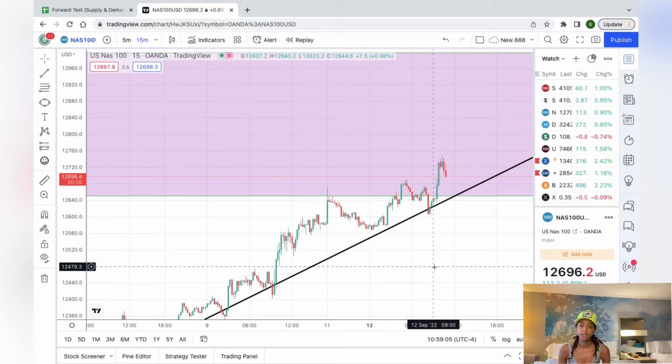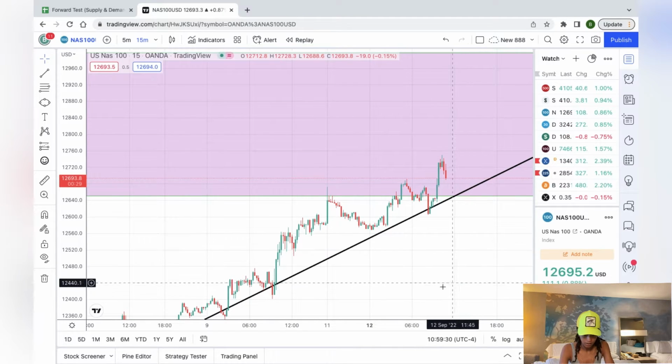The zones that we're about to make on the 15-minute time frame, family, are going to be a little bit more risky, just because when you go to the lower time frames, things tend to be more volatile and more uncertain. And when you can confirm them on the higher time frames, then you have a bit more certainty about the direction of things.